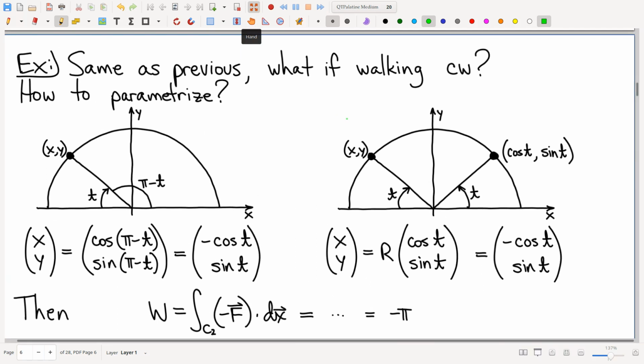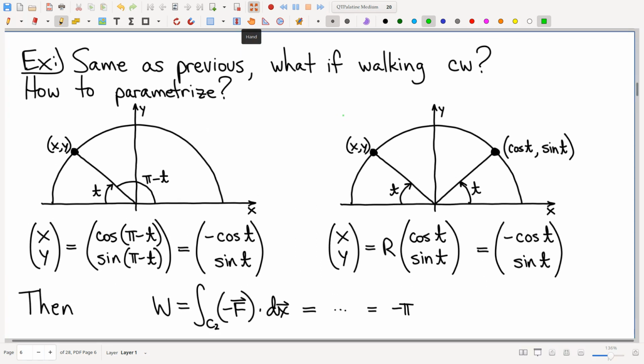There's actually, I'm going to discuss 4 different ways of solving this problem, 3 of which I like, 1 of which is a little awkward, and I'll get to that in a minute. The question is, same as the previous, but what if we're walking clockwise instead of counterclockwise? So let me show you the 2 direct ways to do this first.